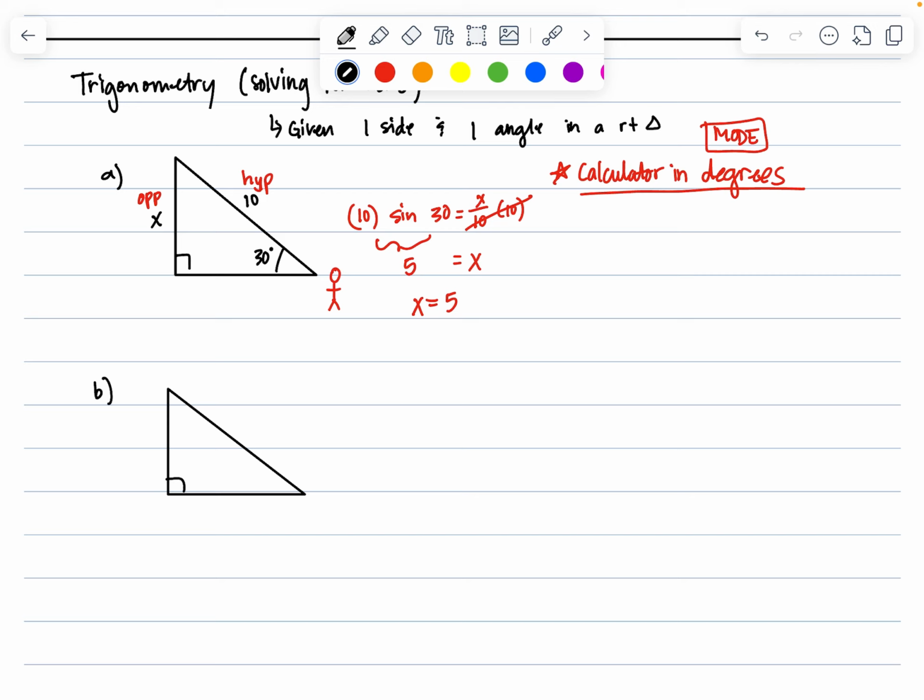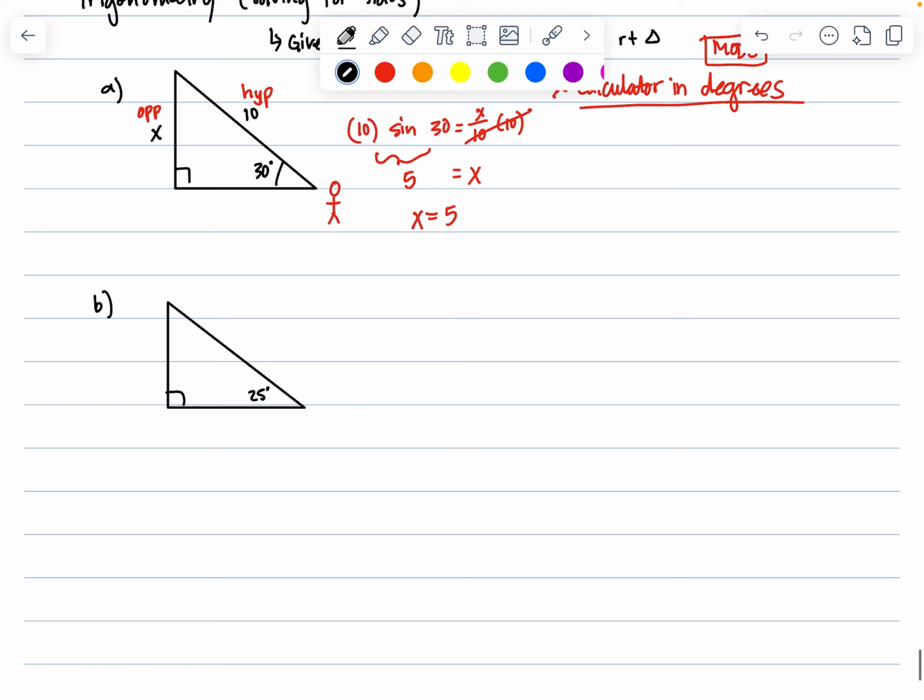Let's make this a right angle, I forgot to put this right angle here. That's bad on me. So where this is most useful is when we don't have, for instance, a 30-degree angle, because we could actually use special right triangles to do that. Here, I'm going to say this is 25 degrees.